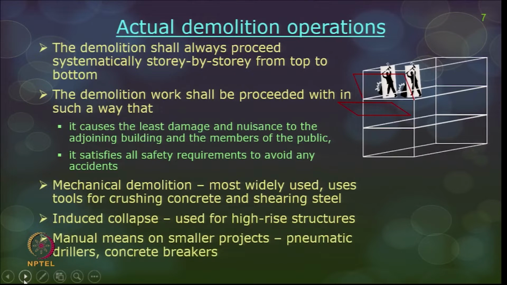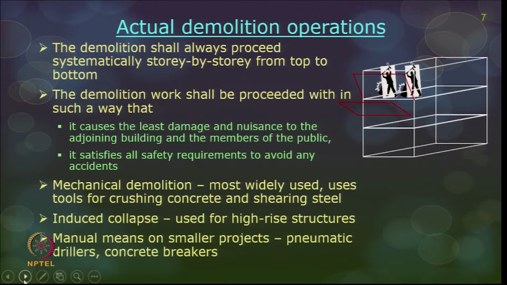Okay. So, for actual demolition operations, as I said, a greater number of precautions should be taken, especially in terms of safety, for demolition work as against regular construction, because a demolition operation has the same hazards as normal construction work. The only difference, as I said, is that demolition generally happens in the reverse form of construction.